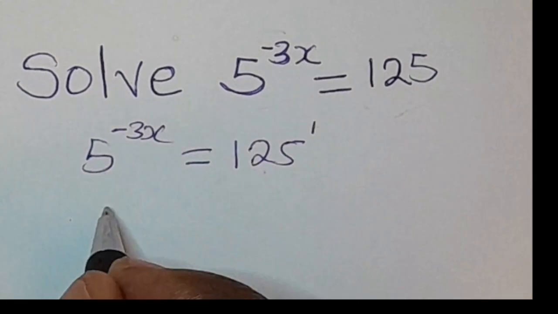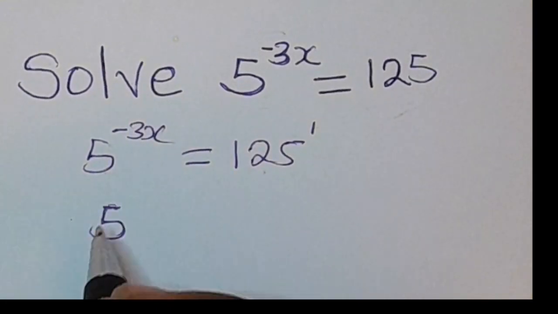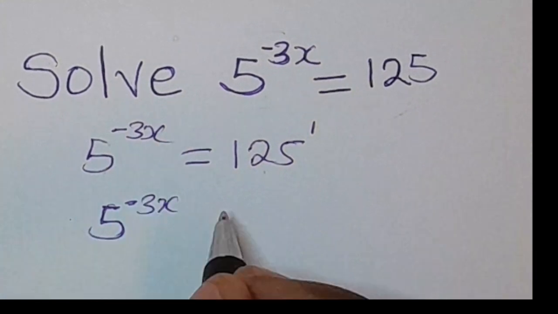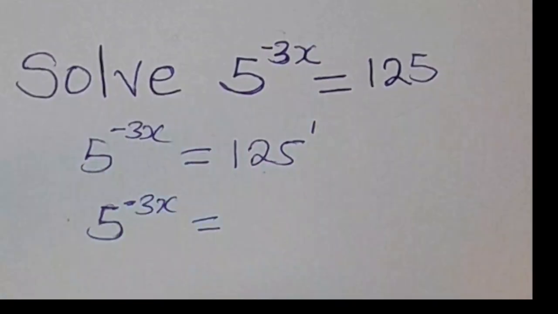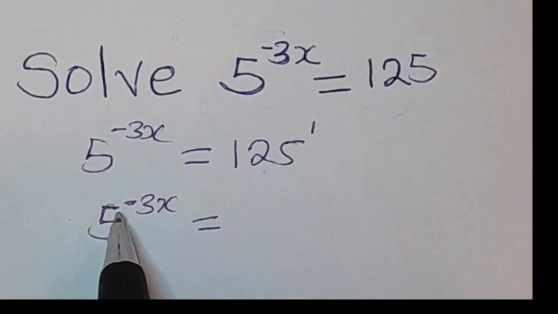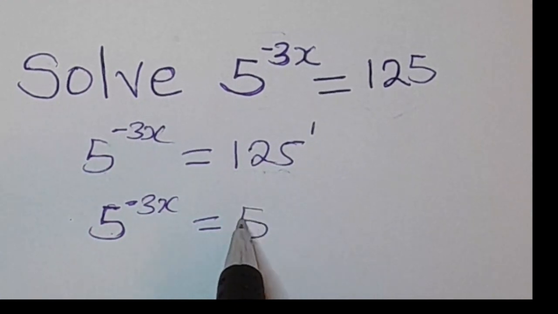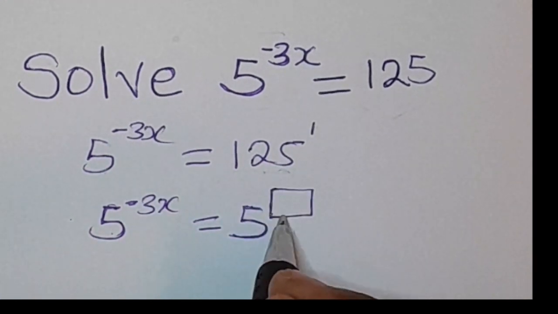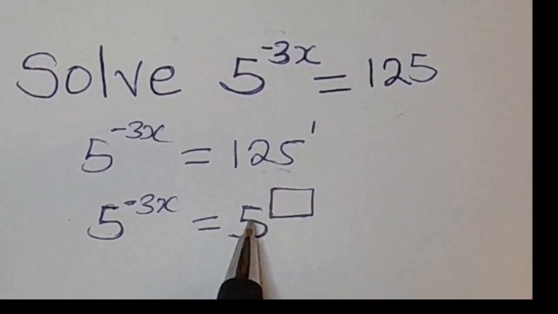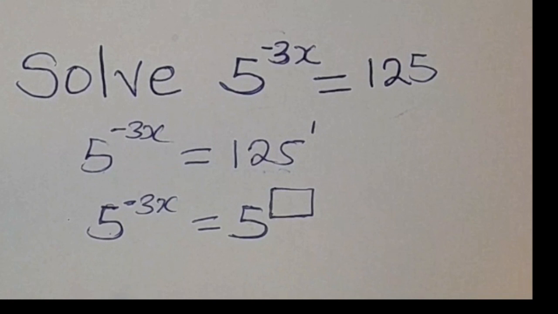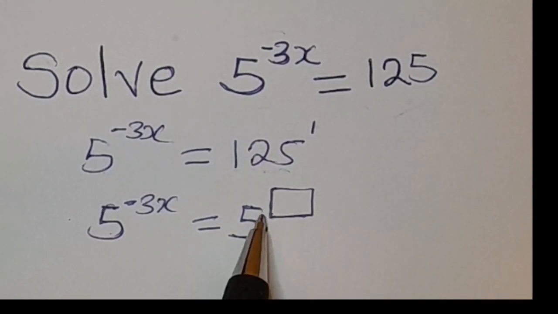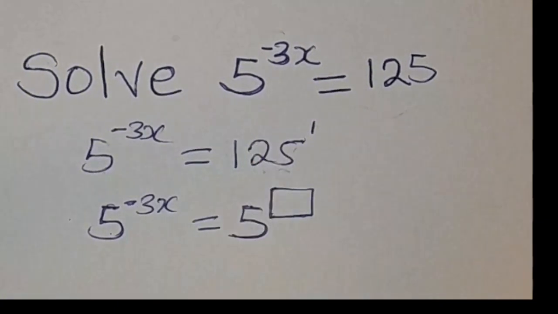So on the left, we are going to have 5 to the power negative 3x is equal to 5 to the power, what should be the power? Remember we want to change this into base 5. So you start checking. 5 to the power 2 is 5 times 5, which is 25, and it's not giving us 125.